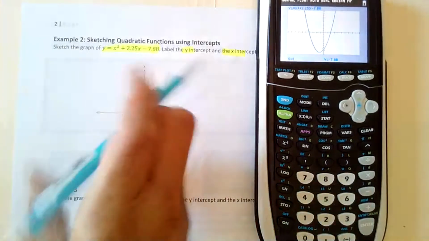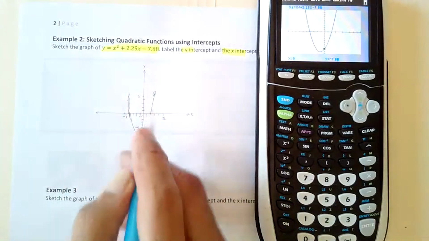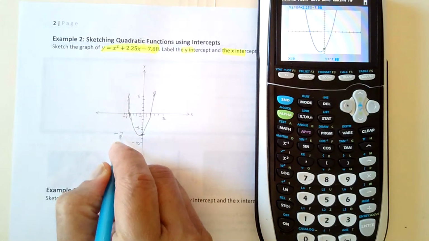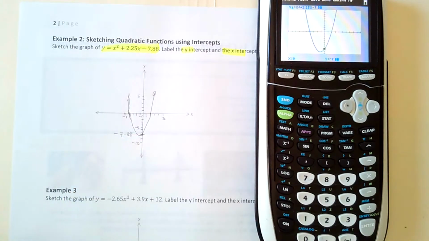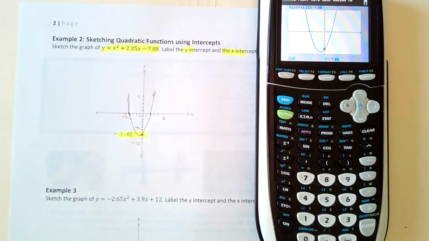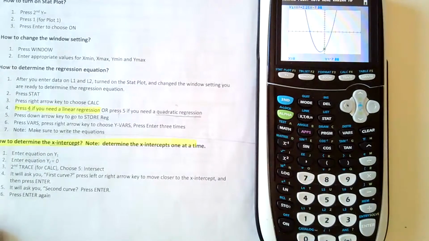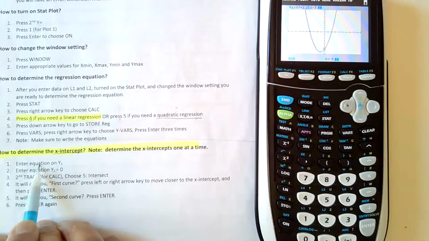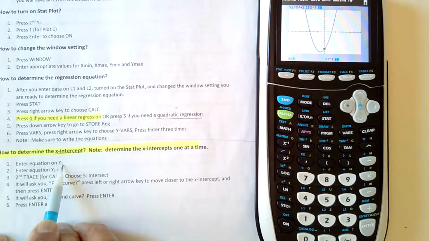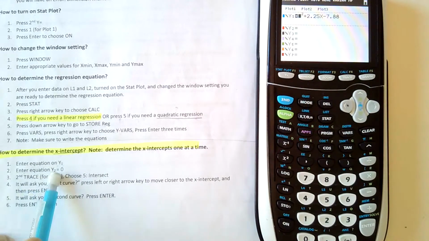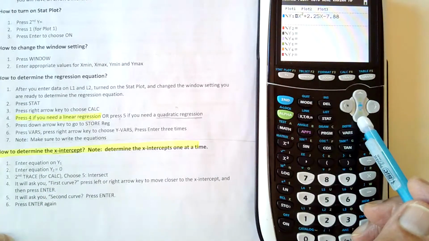And you suspected it, right? You would have indicated from here. So this is -7.88. So that's my y-intercept. The x-intercept now, you will follow steps here to find your x-intercept. You already entered the equation in y1. Now in y2, you will enter 0.